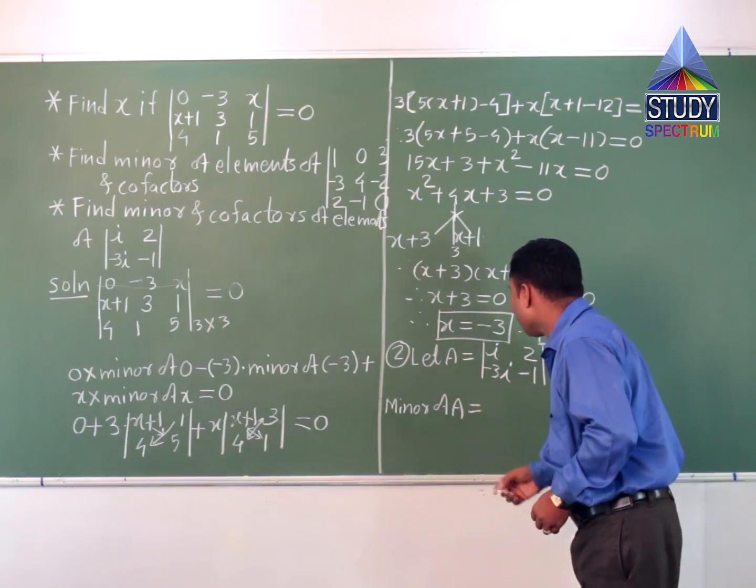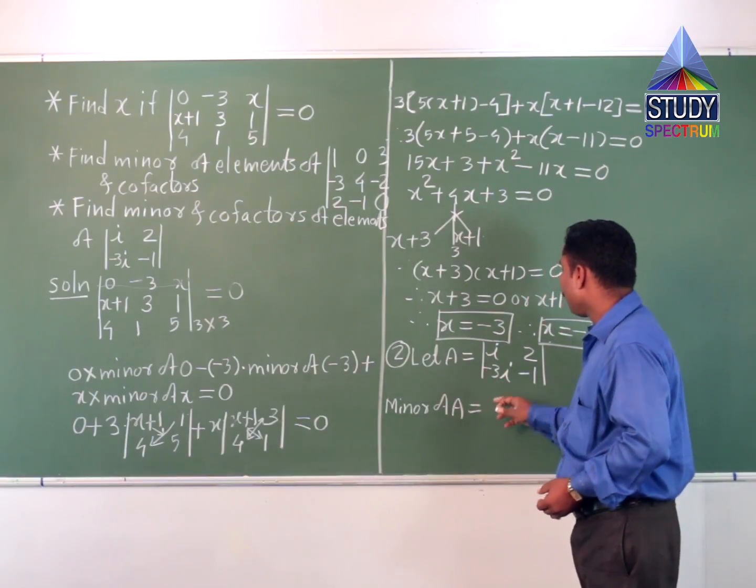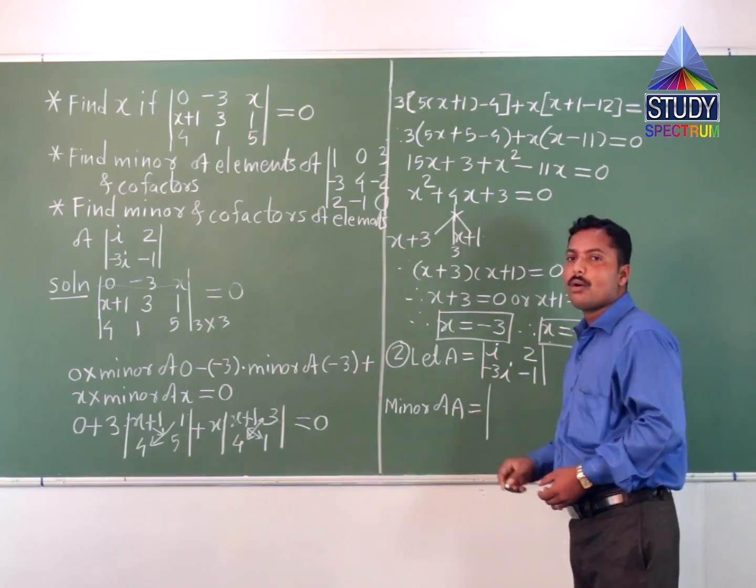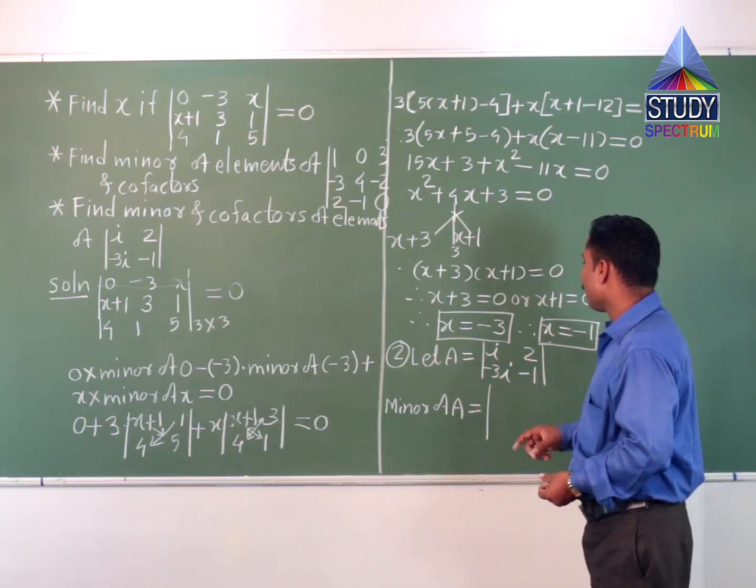So how is this possible? Minor of A equal to minor of all numbers.